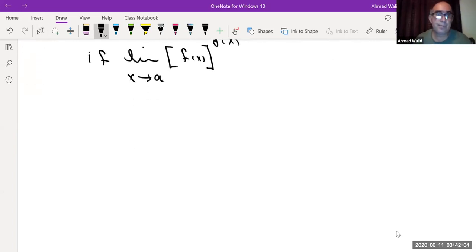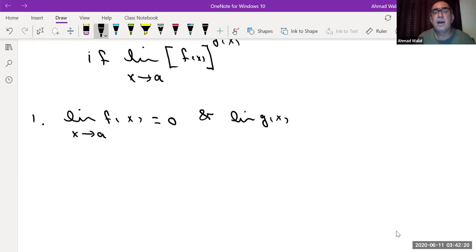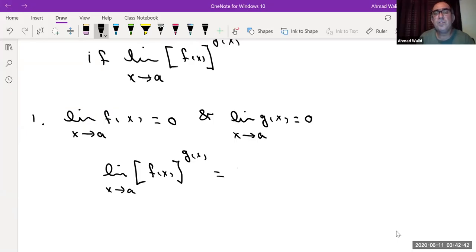Number one, if the limit of f of x as x approaching a gives you 0, and the limit of g of x as x approaching a gives you also 0, then the limit of f of x to the power of g of x as x approaching a will give you 0 to the power of 0.